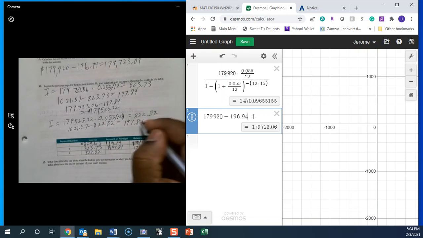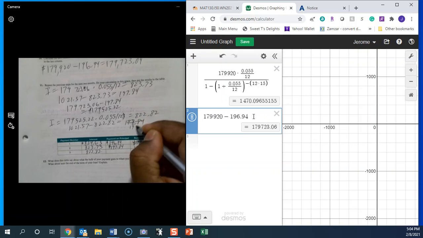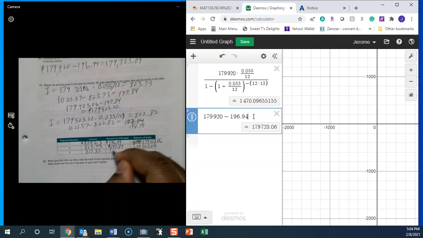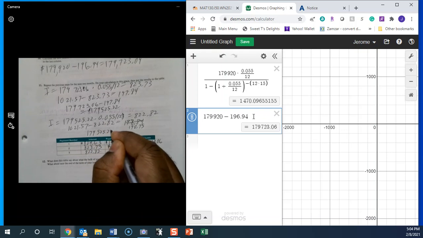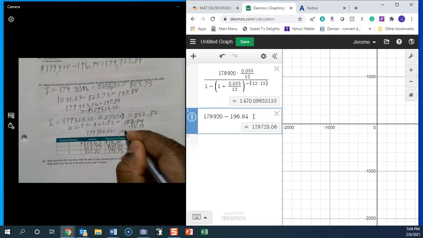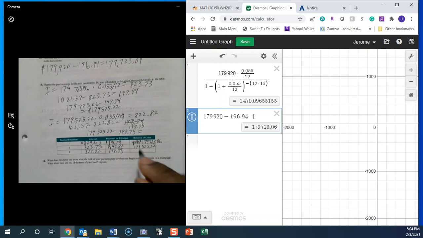No, actually $198.75. And then finally, we will subtract that from the principal, the $179,525.22 minus $198.75. And that would give us $179,326.47.